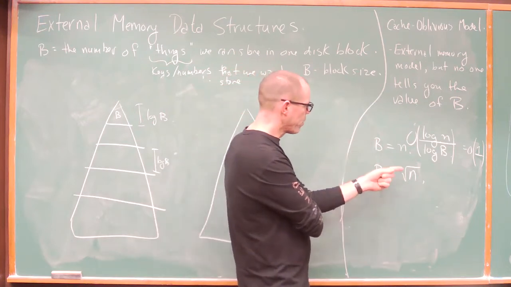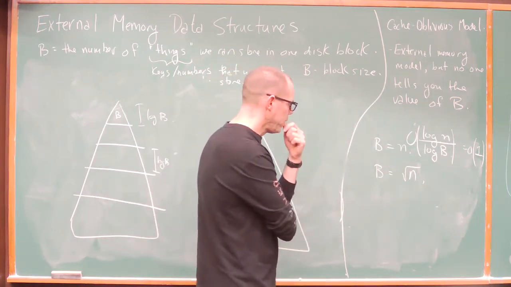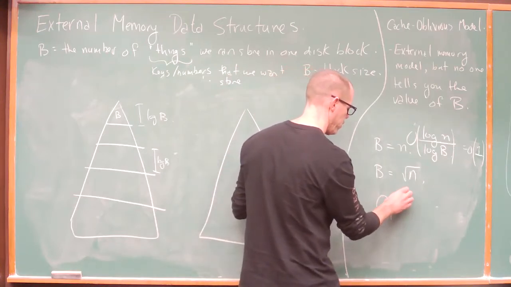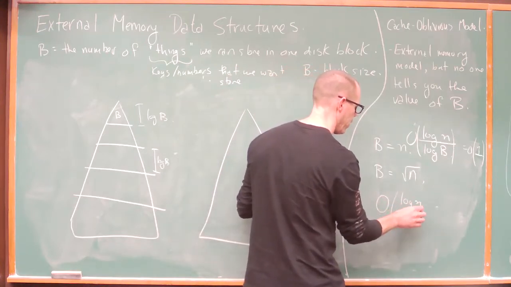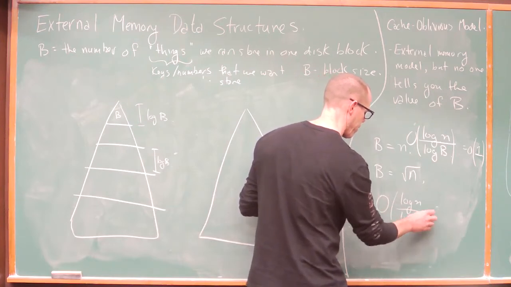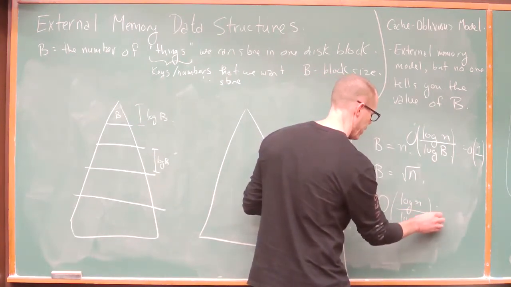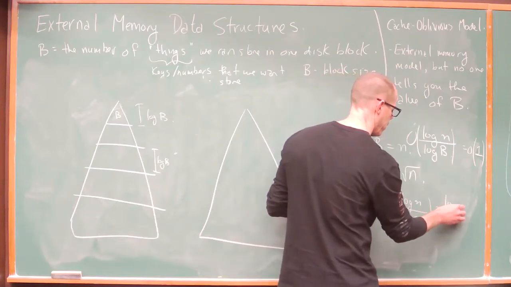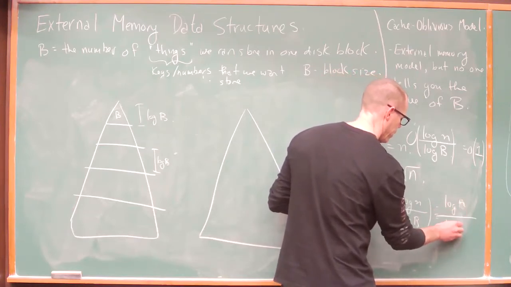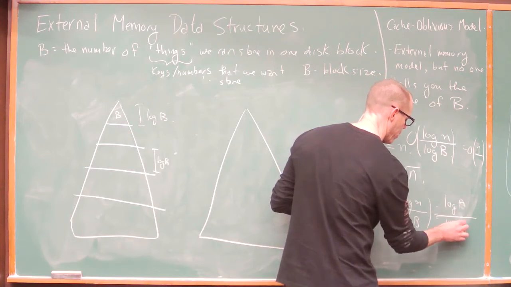Now, if B is square root n, then we should be able to answer things in log n divided by log B. Well, what's that? Log n divided by log of square root n.